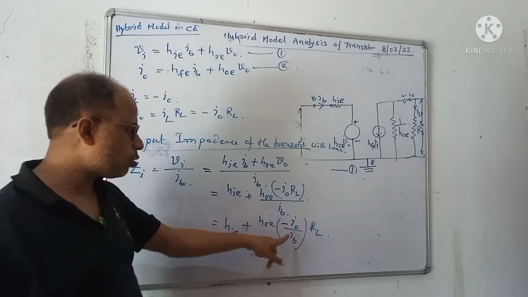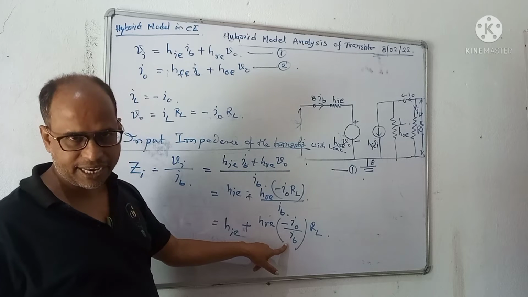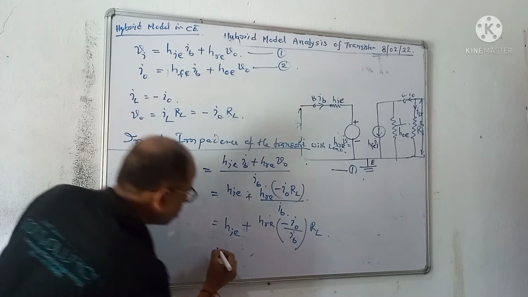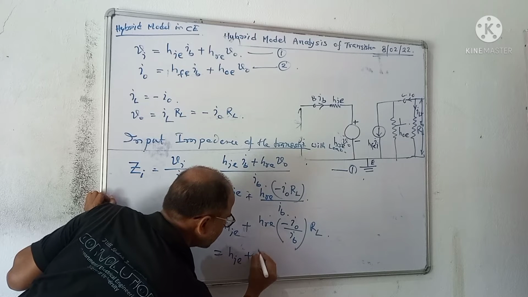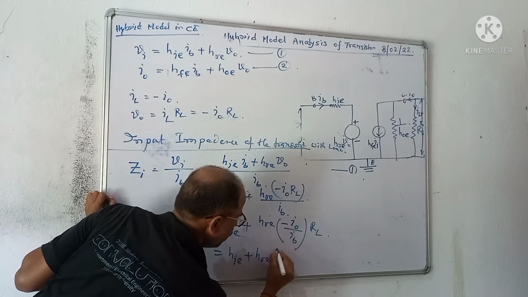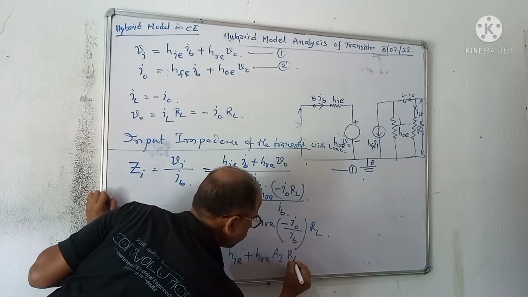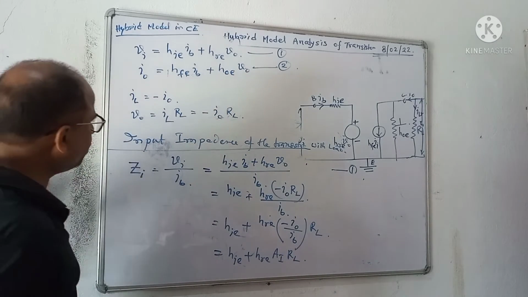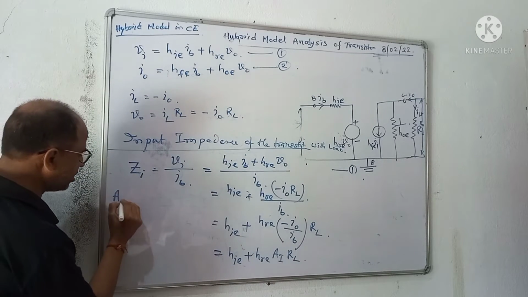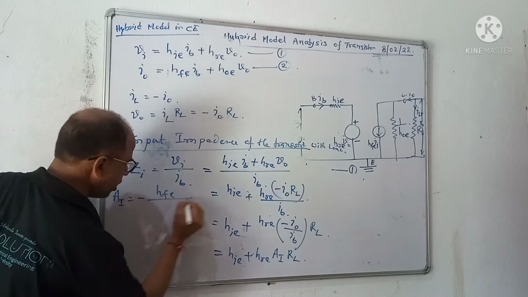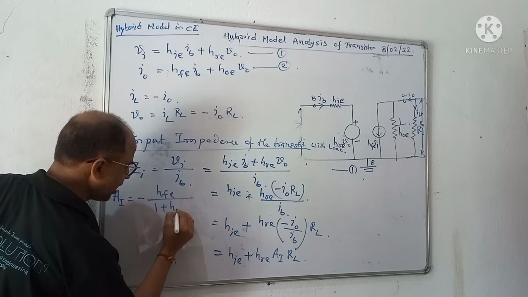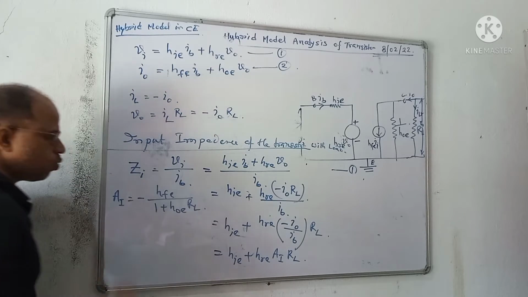Now, minus I0 by IB is the current gain AI. This is equal to HIE plus HRE into AI into RL. Now, we know current gain AI equal to minus HFE by 1 plus HOE into RL.